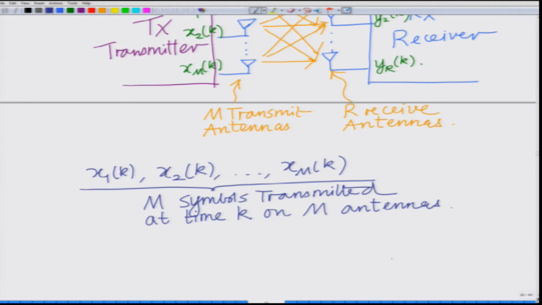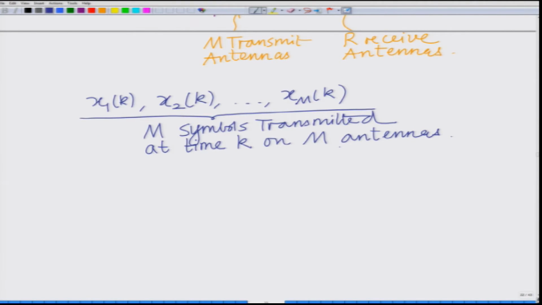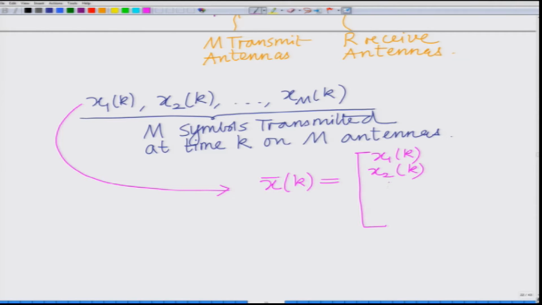Since you have m transmit antennas, you can transmit m symbols, and these I can write as the transmit vector x bar k equals x1k, x2k up to xmk.